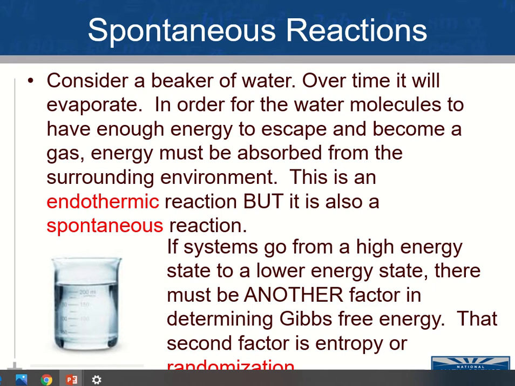And it is because the entropy increases, the disorder increases between liquid water and gaseous water. So if a system goes from a high energy state to a lower energy state, there must be another factor, and that second factor is entropy or randomization.